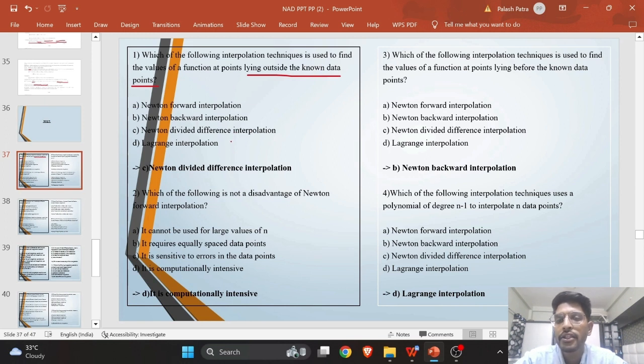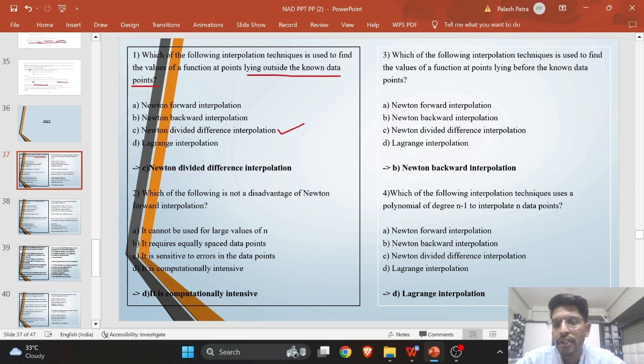And the Lagrange's interpolation is used when the intervals are uneven, which leaves us with option C, the Newton divided difference interpolation. So we use this technique to calculate the value of the function lying outside the known data points. So option C is correct over here.